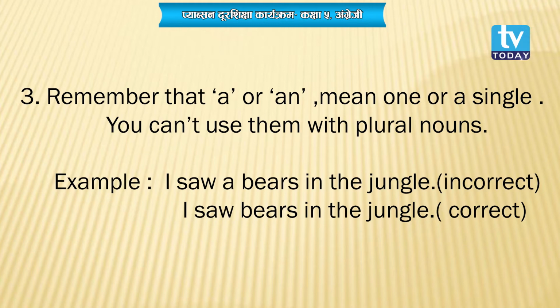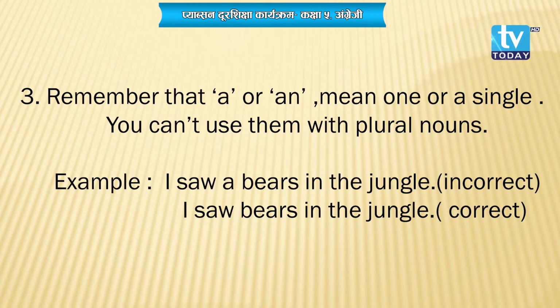I saw a bears in the zoo. That's an incorrect sentence, not correct. Bears indicates the plural form, a number more than two. But if we write a, then that will not agree, that will not match.